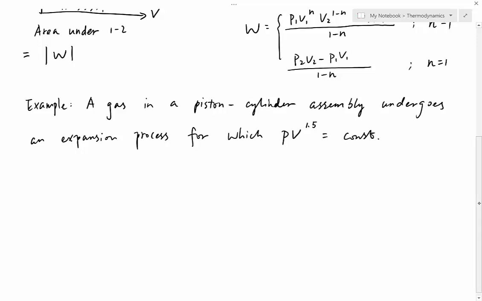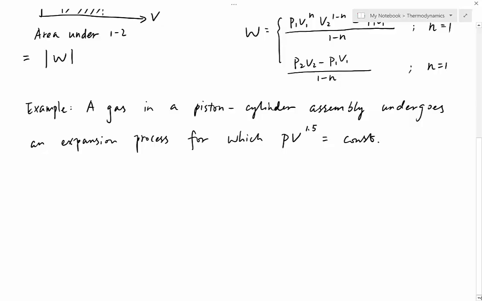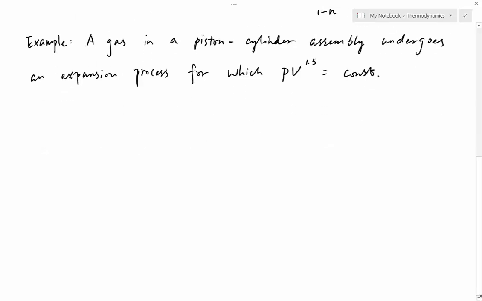So what does that mean? That means the index n for this example is 1.5. The index n for this problem is 1.5.